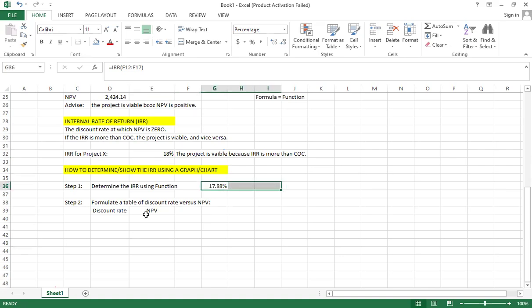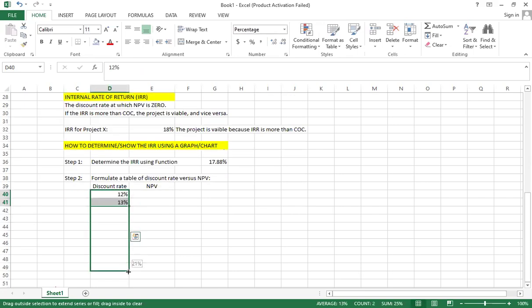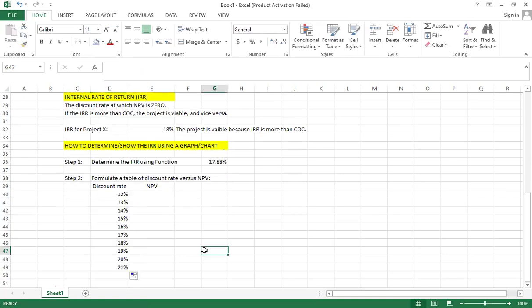Now let's do this. Let's start, for example, from 12%. That's the range I'll choose. Increasing by 1 percentage point would mean next I'll have 13%. And then I need a range that will include that 17.8. So let me go all the way to 21%.